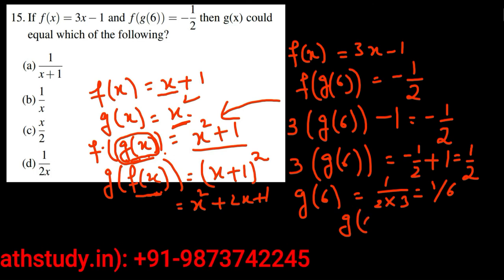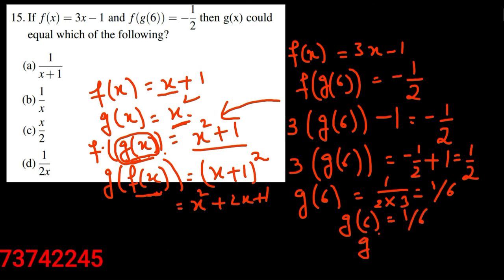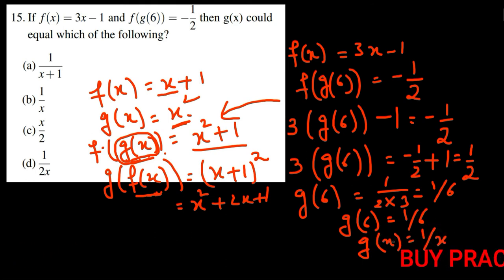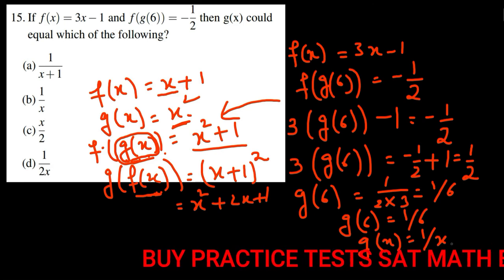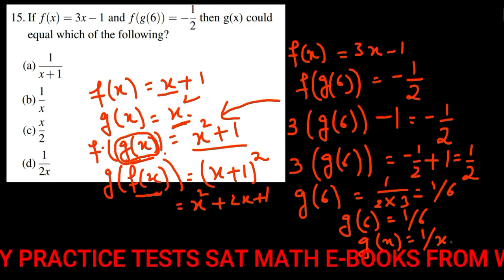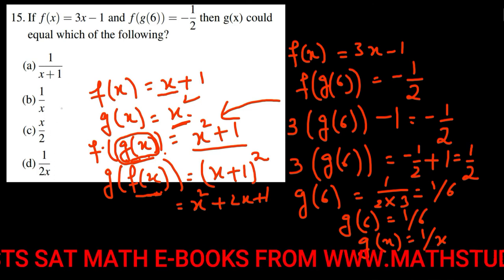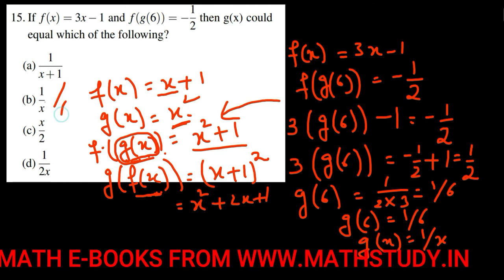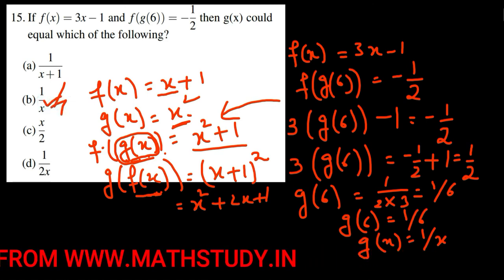If g of 6 is equal to 1 by 6, that means g of x equals 1 by x. So we got the value of g of x. If we find our answer in the options given, we can easily find option number B, which is 1 by x. So 1 by x is our answer here.